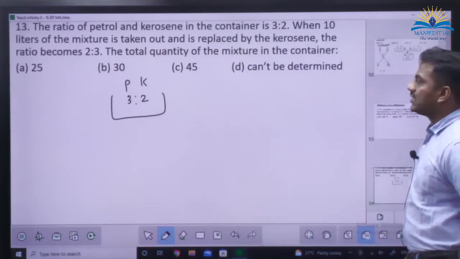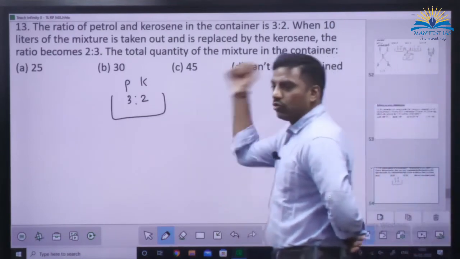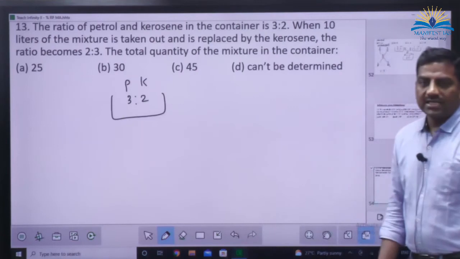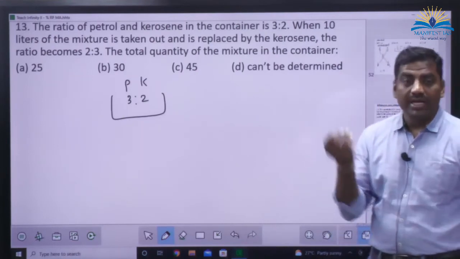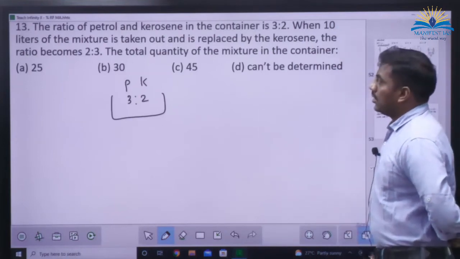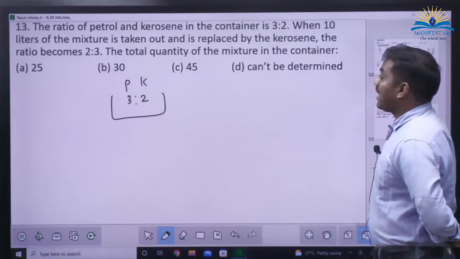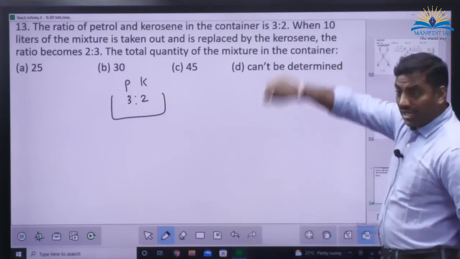When 10 liters of this mixture is taken out, is there any mechanism that I take only petrol out, or only kerosene out? No, right? Okay. And it is replaced by kerosene. We are taking the mixture out and putting in more kerosene.